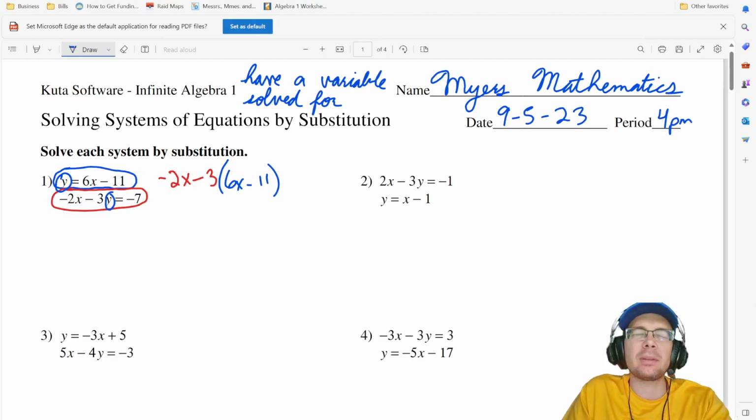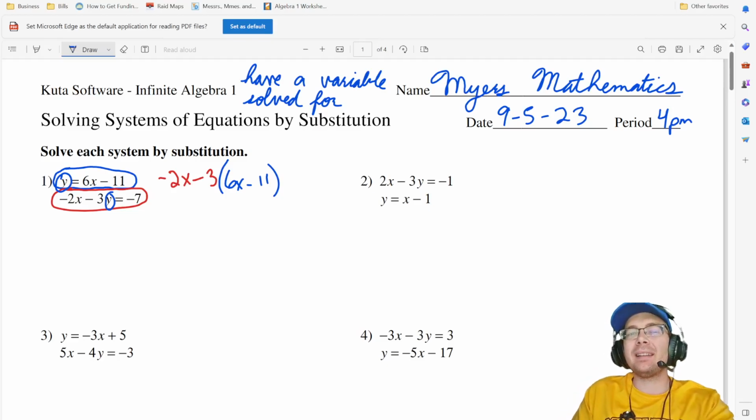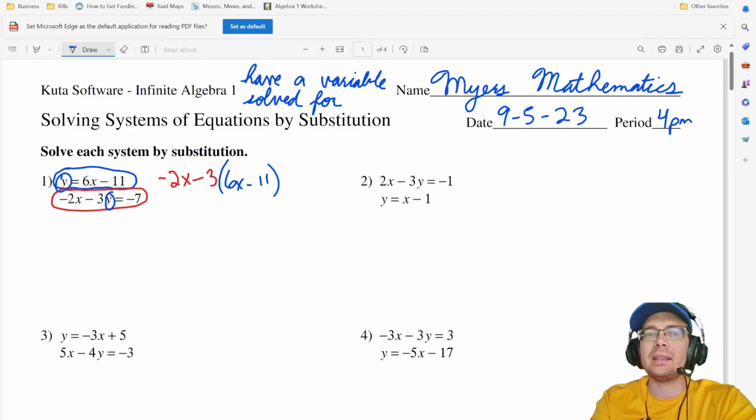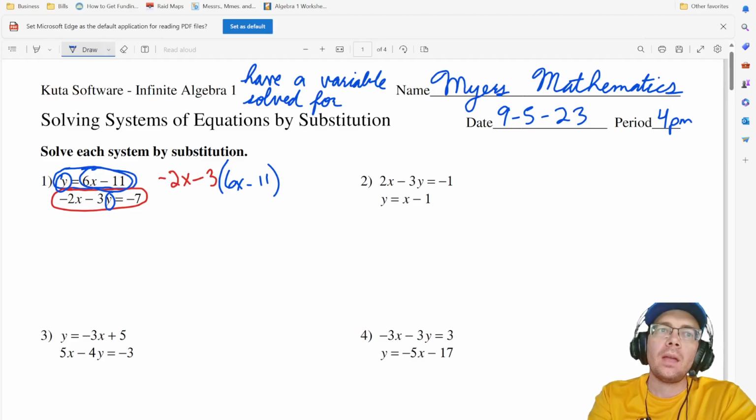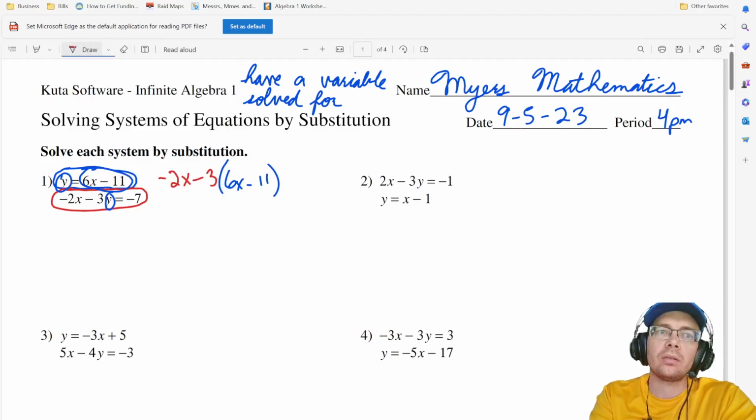That's basically exactly what we're doing here. We're plugging in 6x minus 11 because that is equal to y. And then I just proceed with the rest of the equation like normal.